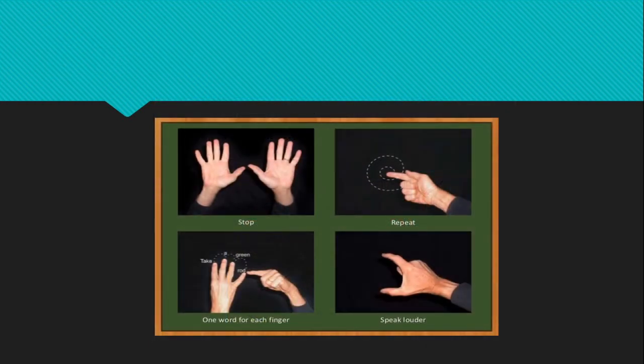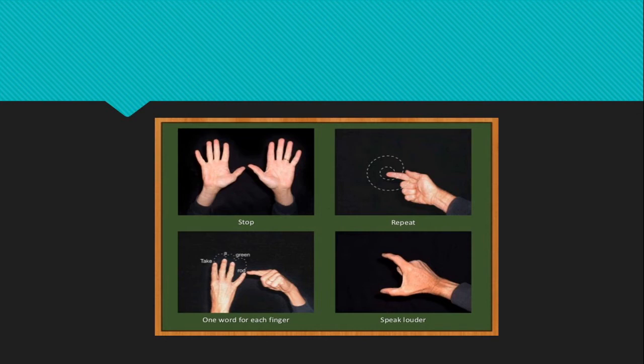As you already know, in the silent way, the teacher remains silent as much as possible, and therefore the teacher resorts to making use of gestures in order to communicate ideas or commands, etc. So here are a few examples of the gestures used by the teacher.